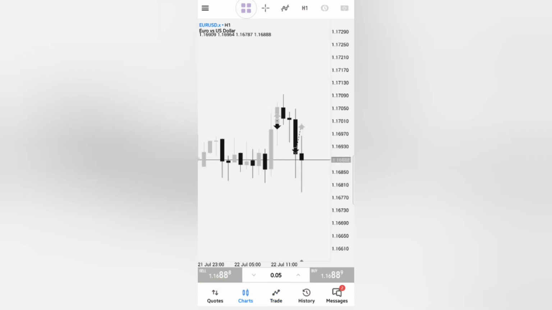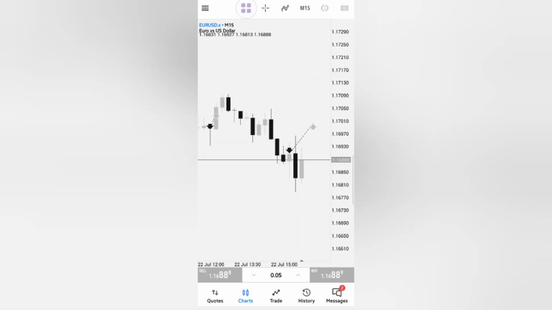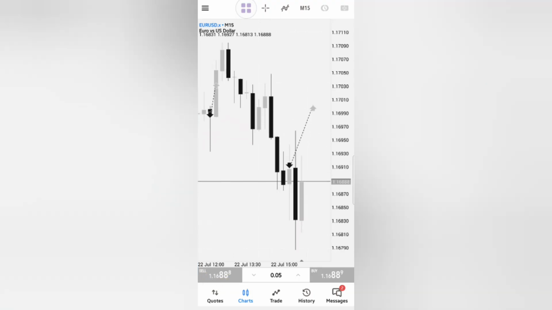So as you can see, for today it was a red day. All the two trades I pressed were losses, but that is trading for you.